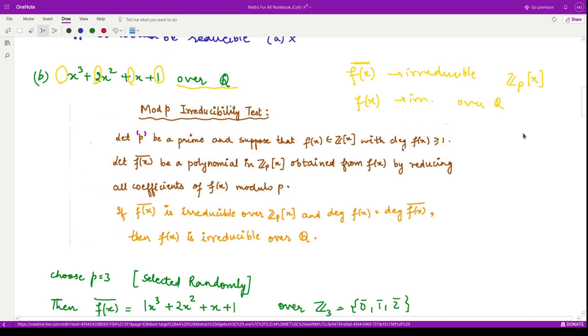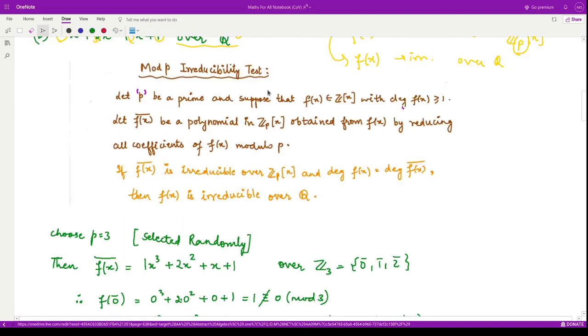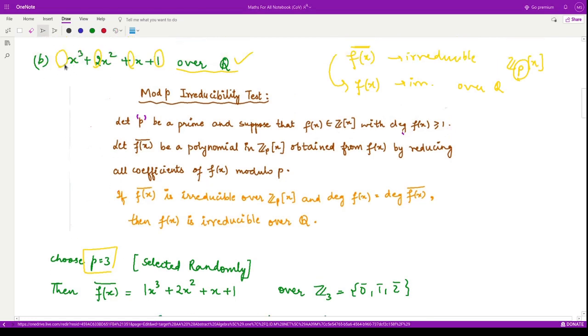So this is the test, and we need to find this p. If we find any p such that this happens, then our original polynomial is irreducible over Q. In this case, p is 3. We have to check by our own which p we should take. Our polynomial f of x, which has x cubed plus 2x squared plus x plus 1, is reduced to this polynomial.